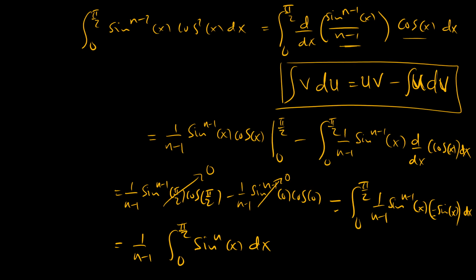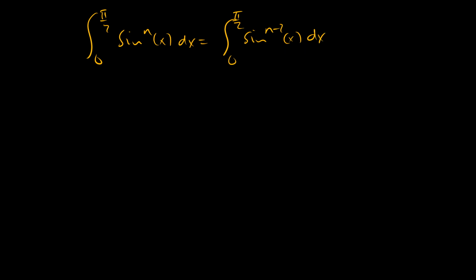Okay, so what do we see here? We see that our previous integral, which was the integral from 0 to pi over 2 of sine to the n of x, was equal to the integral from 0 to pi over 2 of sine to the n minus 2 of x minus the integral from 0 to pi over 2 of sine to the n minus 2 of x cosine squared of x.